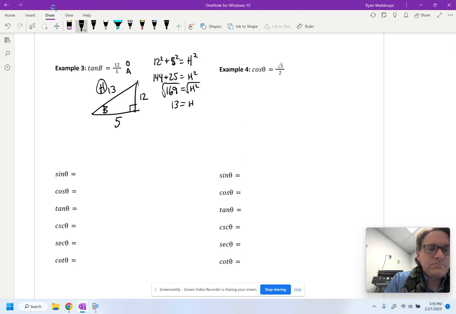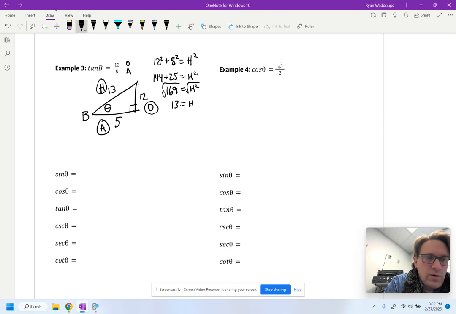Now it says theta here, so I'm going to assume that theta is my b. So we'll say that's b, and b is theta. It's the same thing there. Theta is the angle measure of b, we'll say. And so sine of theta, that means this is O for the opposite, and A here is for the adjacent.